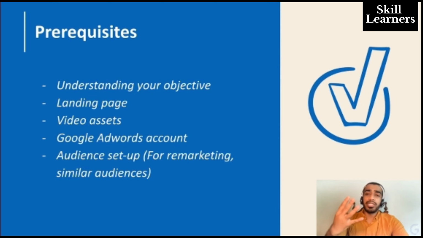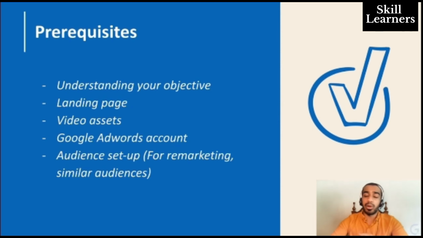The fourth one is a Google AdWords account. Of course, without a Google AdWords account, you cannot launch any Google campaigns. So Google AdWords or Google Ads is necessary to set up a Google video campaign. The fifth one is an audience setup. This is optional. If you're looking at remarketing to your audiences, then you definitely have to set up an audience list.